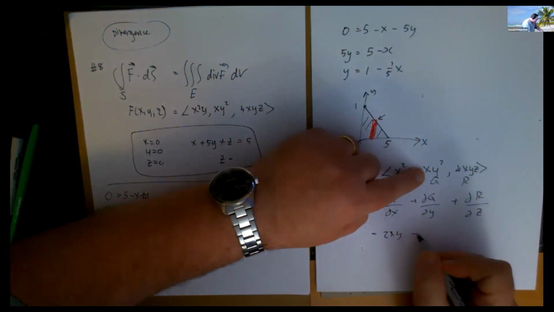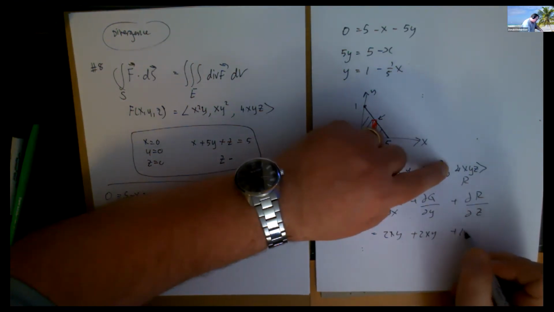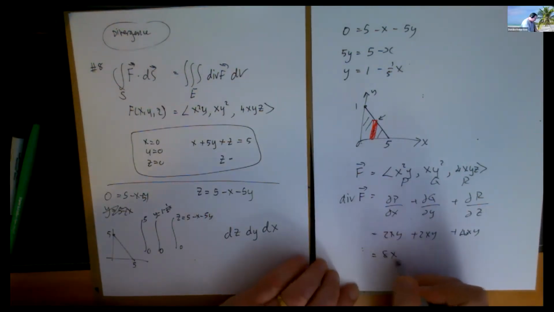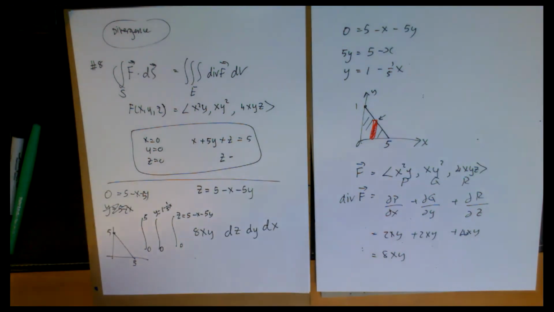If you differentiate this, you get 2xy. And if you differentiate this, you get 4xy. That's 8xy in total, which came out as it should have. So still good.